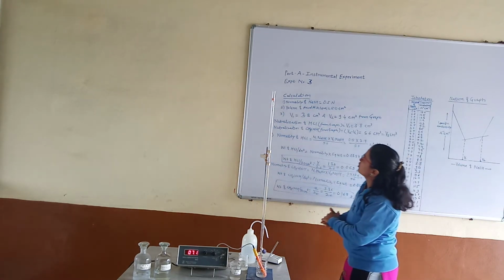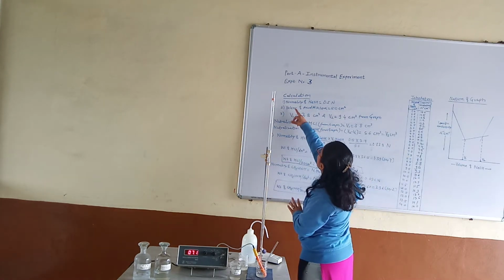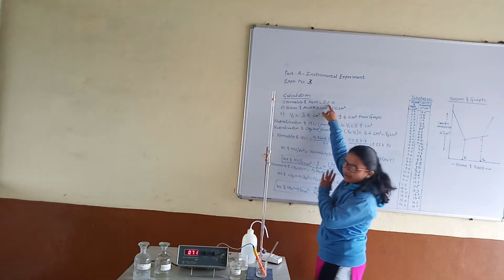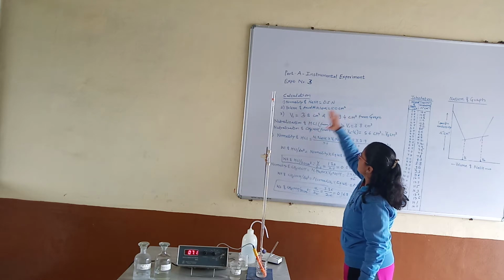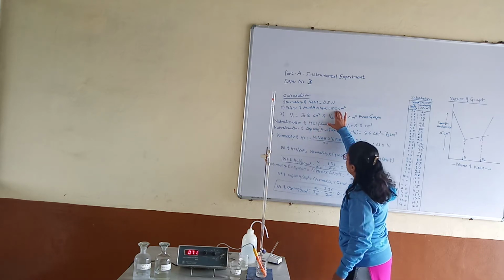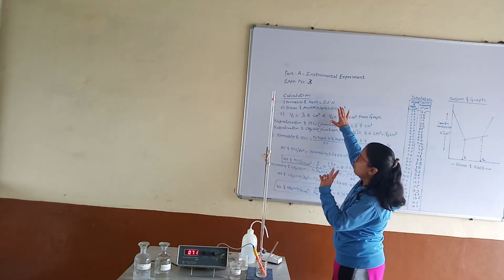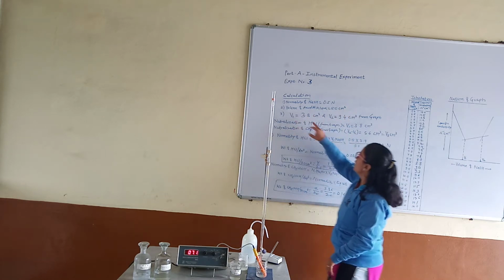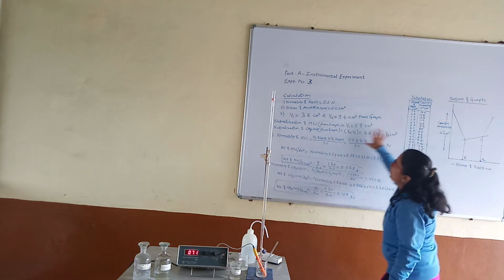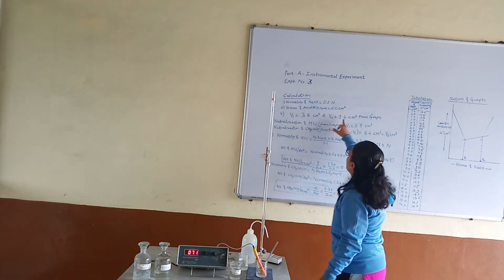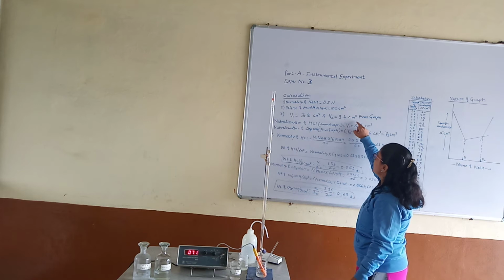In this calculation, the given values are: normality of NaOH, which is 0.5 normality. Next, volume of acid mixture, acetic acid and HCl mixture, is 50 cm3, means mixing of both acids. Next, V1 and V2 values are taken from the graph: V1 is 3.8 and V2 is 9.4 cm3.